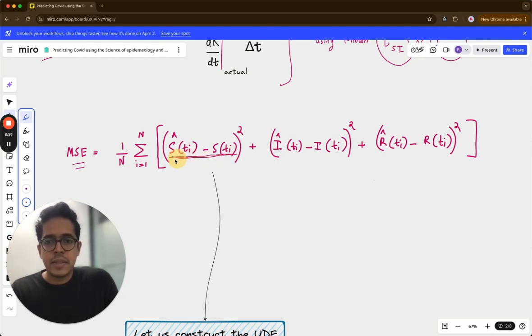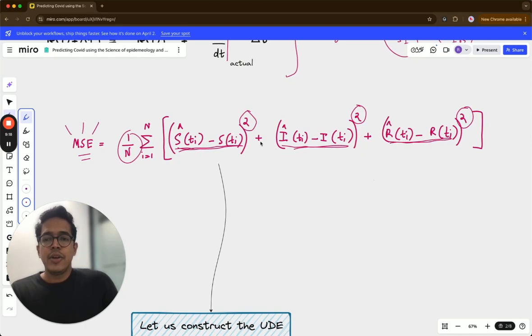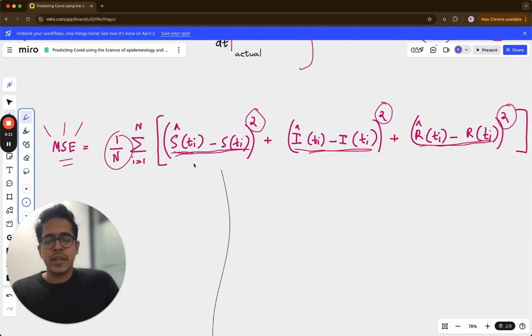This difference term is an error. This difference term is an error. Predicted minus actual value, I mean, actual minus predicted value. This difference term is also an error. You are squaring the error because you want the error to stay a positive number. And then you are taking the mean of that. You are summing it up and dividing by n. That is why it is the mean of the square of the error, MSE. You use this as the parameter which you want to optimize in your neural network.